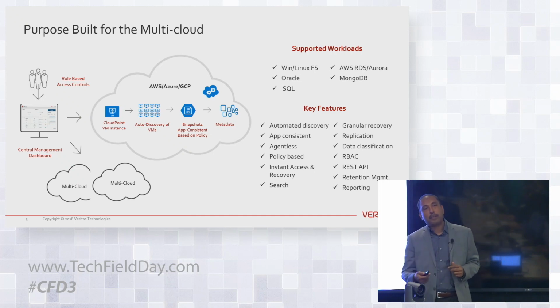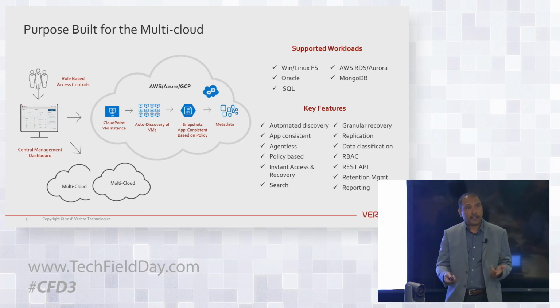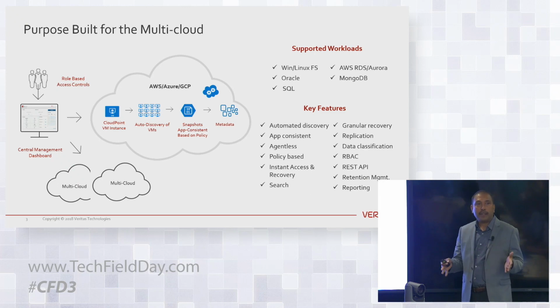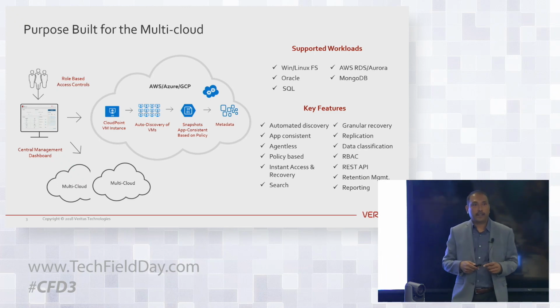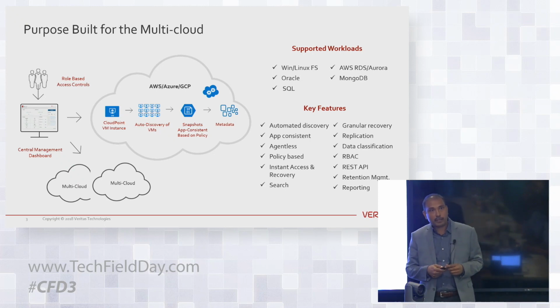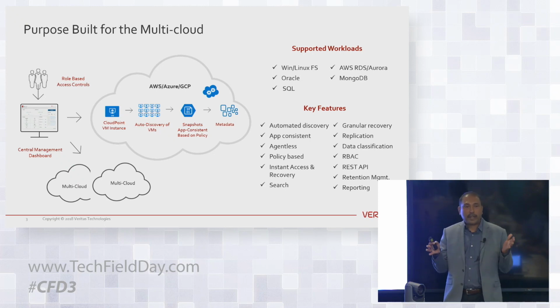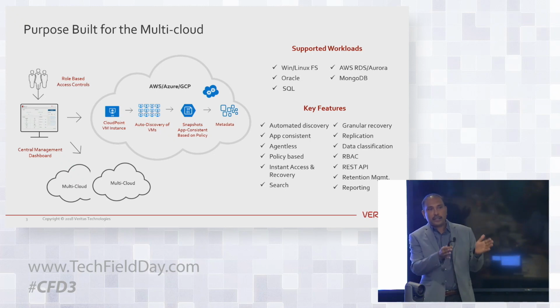The users would be able to access, see, and manage the assets that are assigned to them. We also provide a centralized management dashboard. This is something which is very exciting for a lot of our customers today: they're able to see assets, not just in one cloud, but multiple clouds from the same management console.